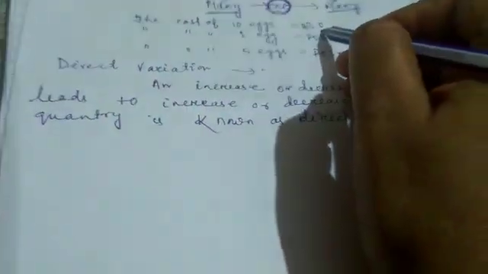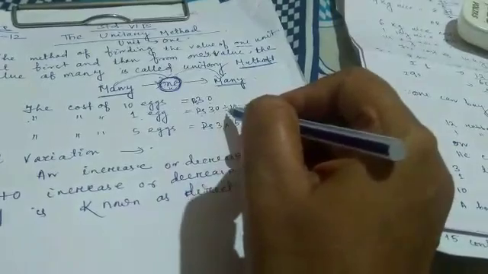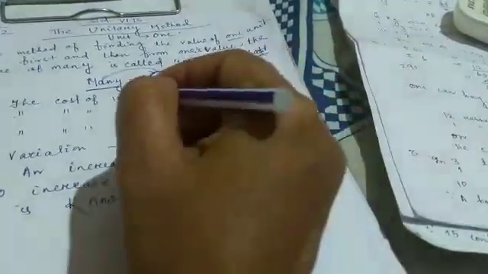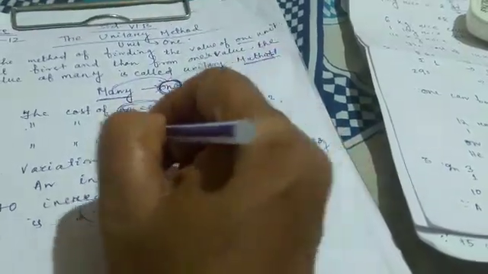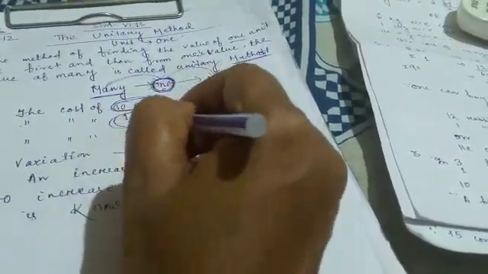What example am I giving? See, the cost of 10 eggs equal to 30 rupees. So the cost of one egg equal to how much rupees? Rupees 30 divided by 10 equal to rupees 3. From many eggs you got the value of one egg, that means unit egg.